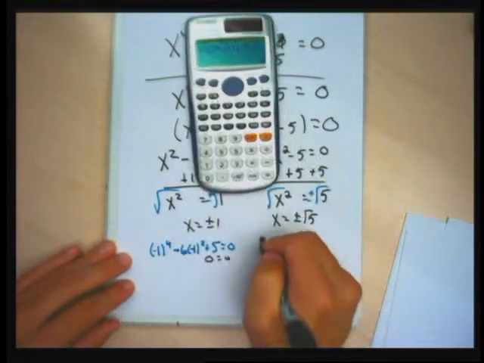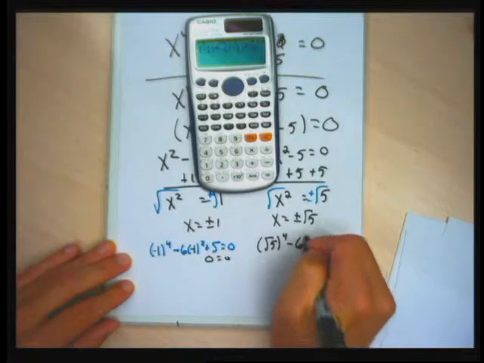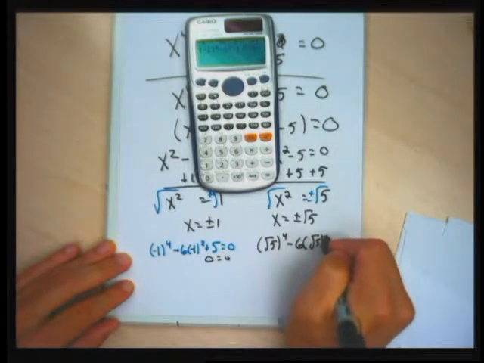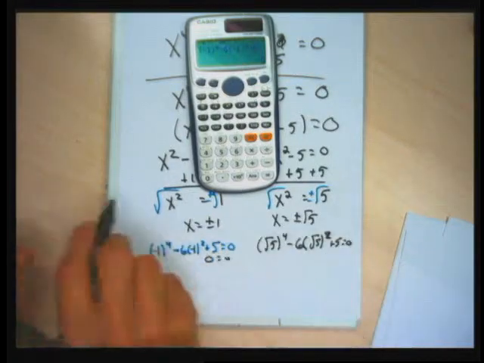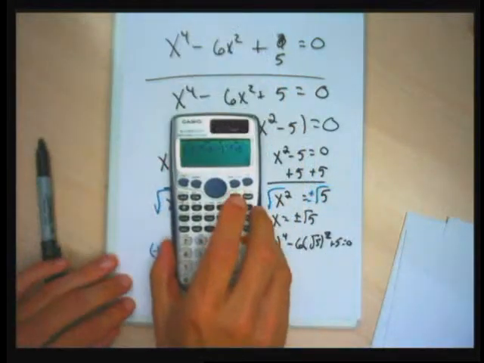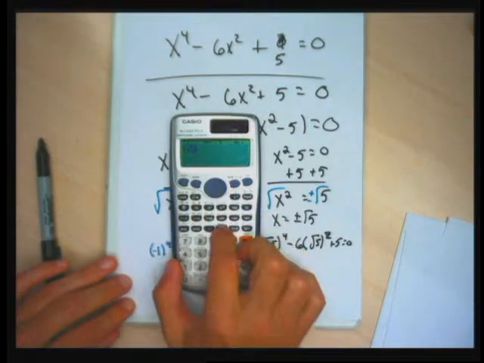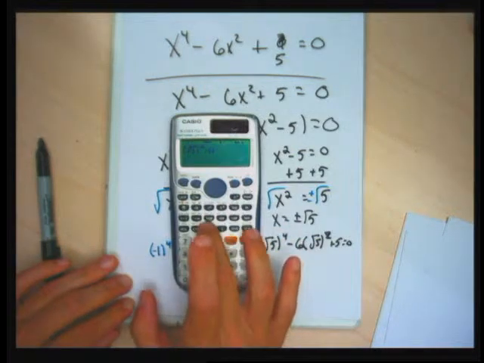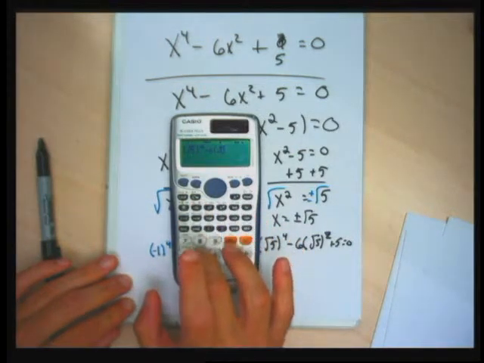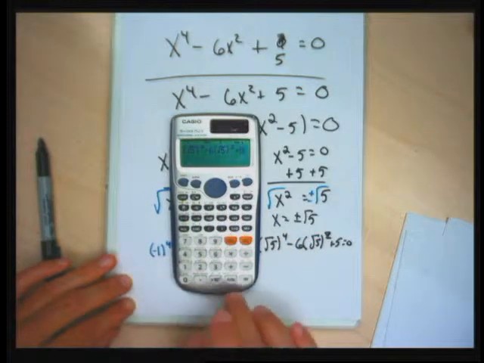Now I'll do the square root of 5's. The square root of 5 to the 4th minus 6 times the square root of 5 squared plus 5. Does that equal 0? So I'm going to give that a go. Parentheses, square root of 5 to the 4th minus 6 times the square root of 5 squared plus 5.